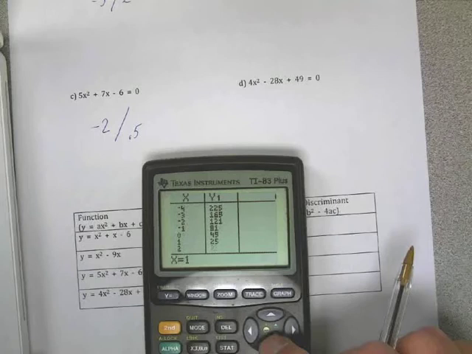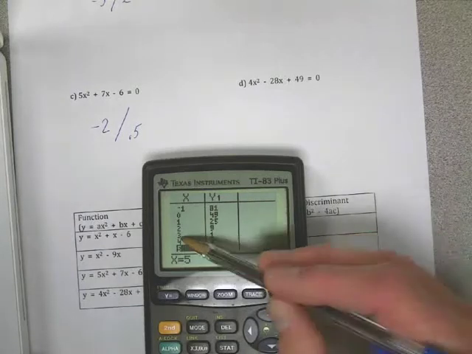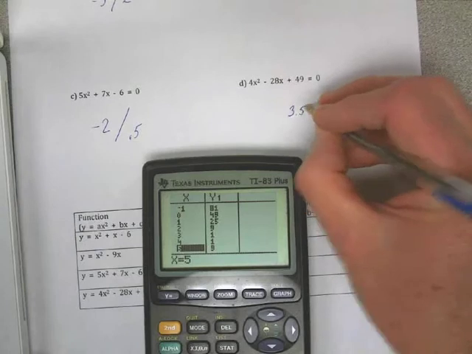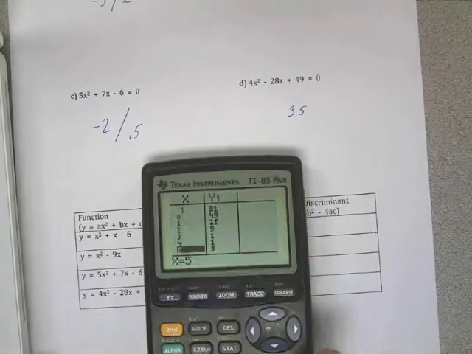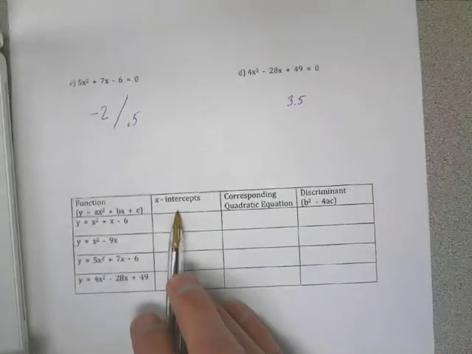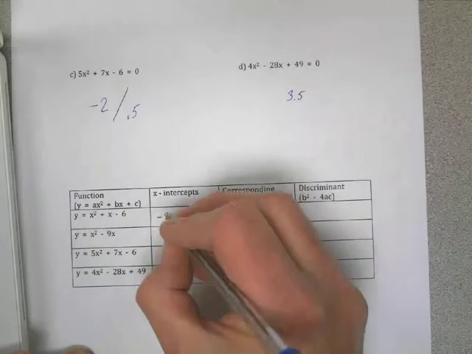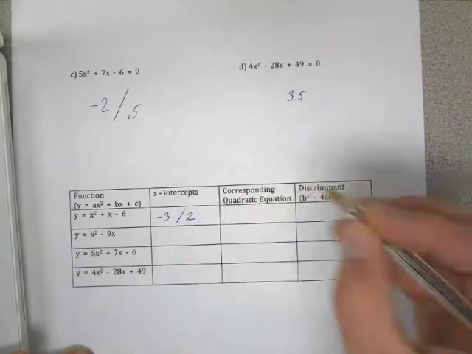It's getting lower. It's roughly around here, so I would say 3.5 is the answer.